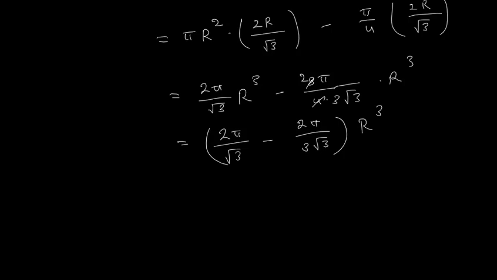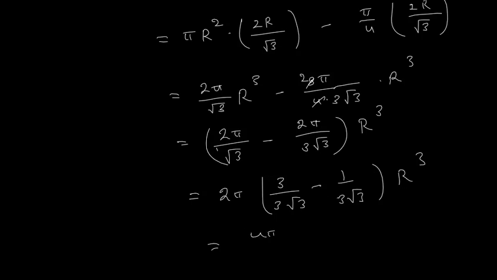To take the LCM of the denominators, we multiply by 3, so we write 3 upon 3 root 3 minus 1 upon 3 root 3, into R cube. So 3 minus 1 is 2, and 2 into 2 is 4 pi R cube, whole divided by 3 root 3. This is the value of maximum volume.